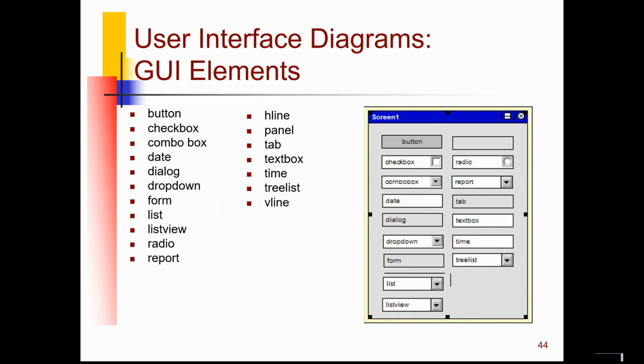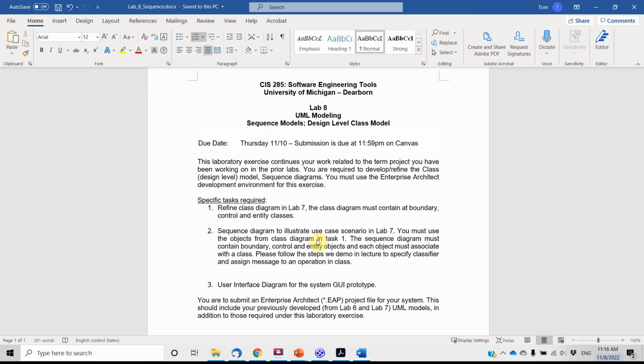I'm not asking you to have a complete GUI for everything. Just have one GUI. For example, the first page, or the page for the parents to set up a category, or the interface for the parents to set the time limits. So yeah, things like that.